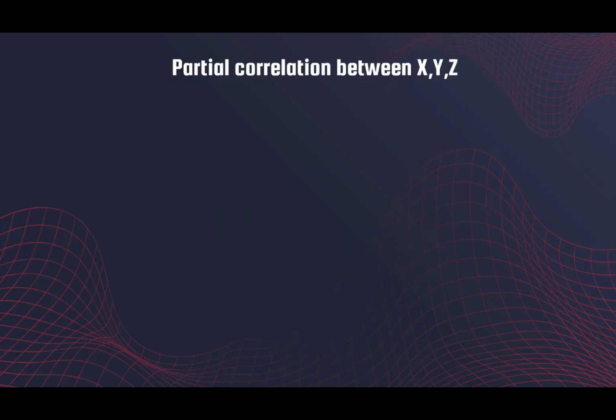Okay, so what do we do with regression? We'll be using that in this idea of partial correlation between x, y, and z. So we have three variables, x, y, and z, and both x and y are related to z. Basically, I want to find the correlation between x and y that takes into account this variable z.